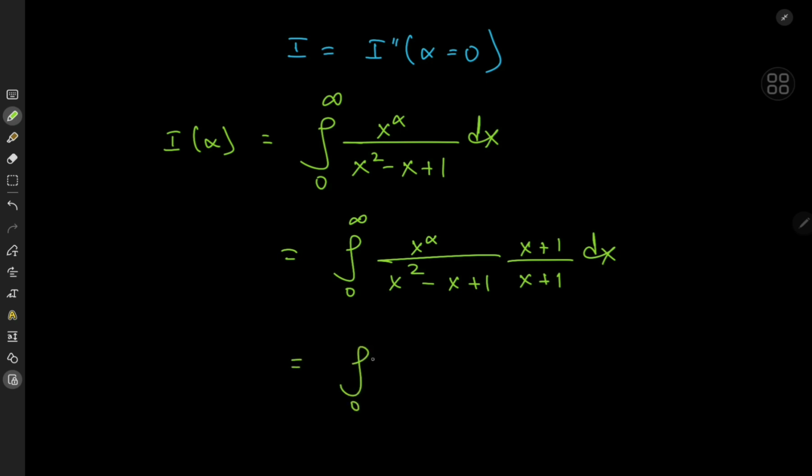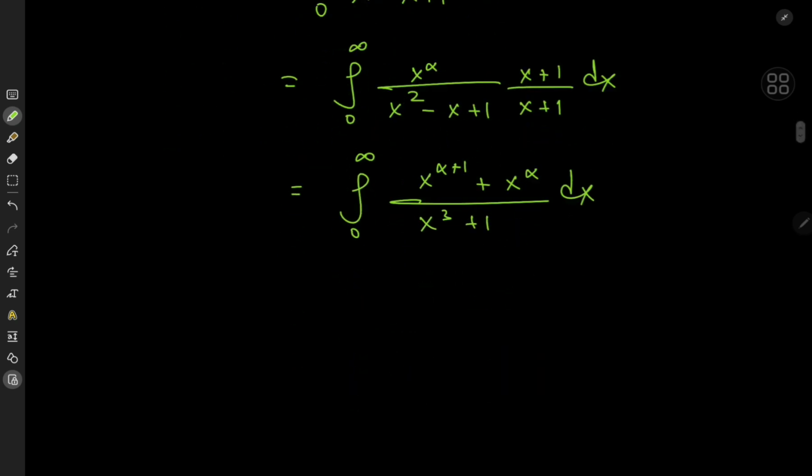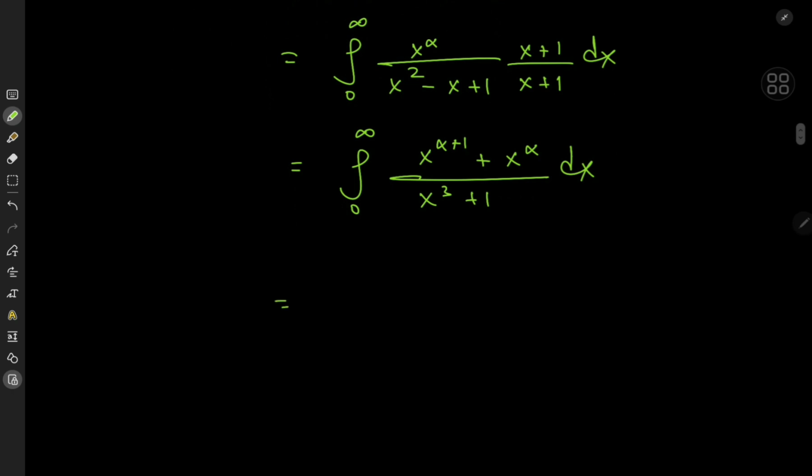Now notice in the denominator on multiplying terms, we get x cubed plus 1, and in the numerator, we have x to the alpha plus 1 plus x to the alpha. And now using the linearity of the integration operator, I now have two integrals to evaluate.